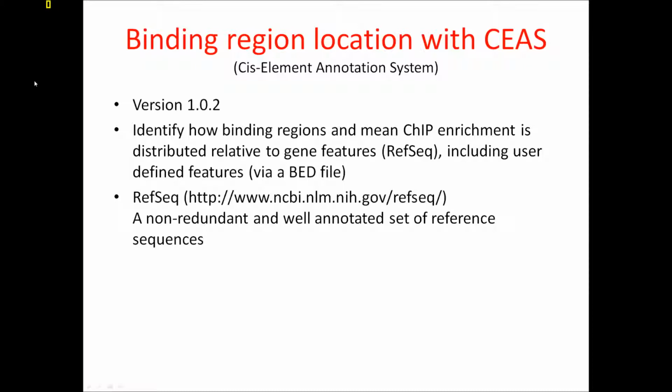Principally we're interested to see where they sit in relation to genes in the form of RefSeq annotation, and any other feature that's uploaded by the user in the form of a bed file. So RefSeq is a set of non-redundant and well annotated reference genes. So it's a relatively small set, but can be relied upon.